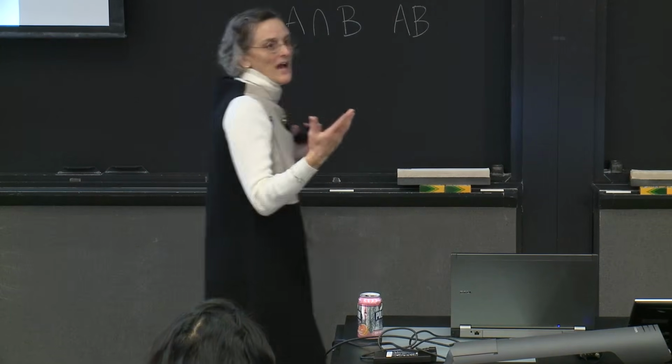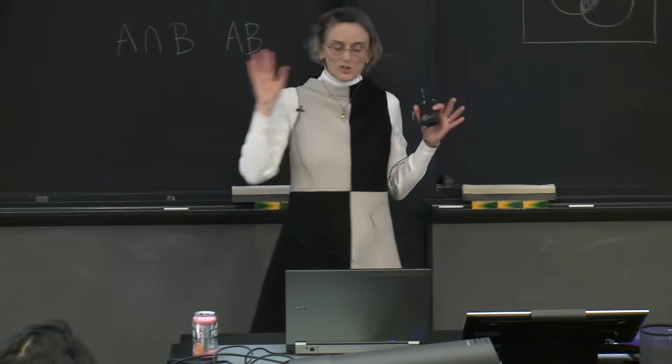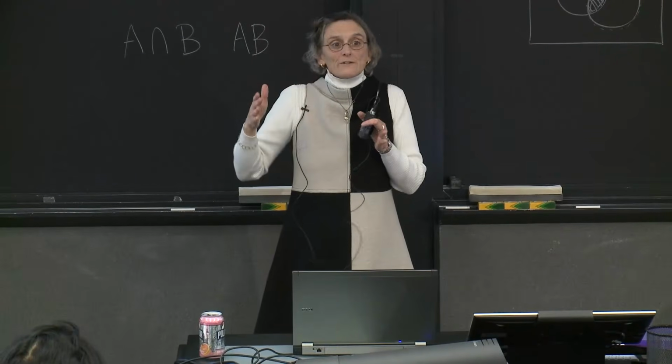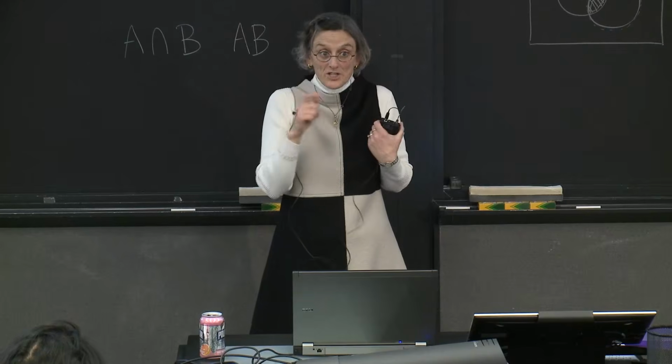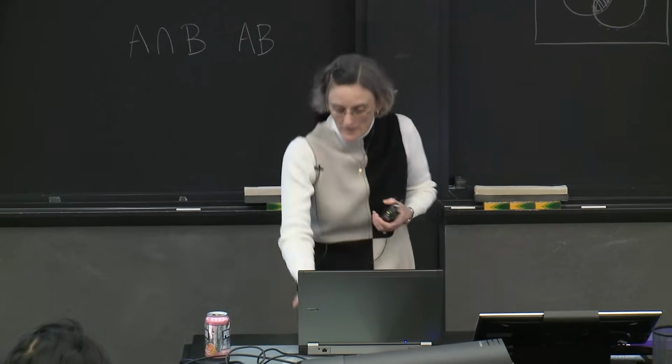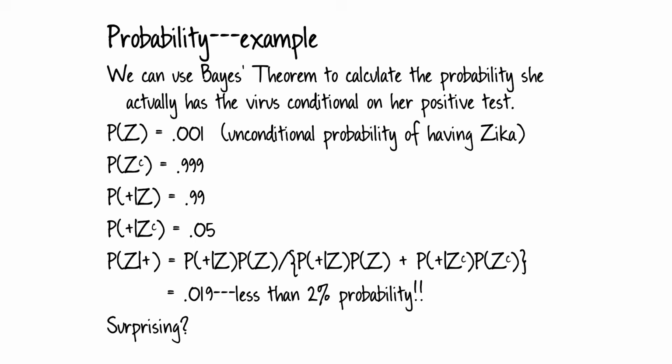So you may have a whole series of different pieces of information, and if we can write down the probability of her having a fever conditional on having the Zika virus, and the probability of her having a fever conditional on her not having the Zika virus, then we can also update the probabilities based on that information.